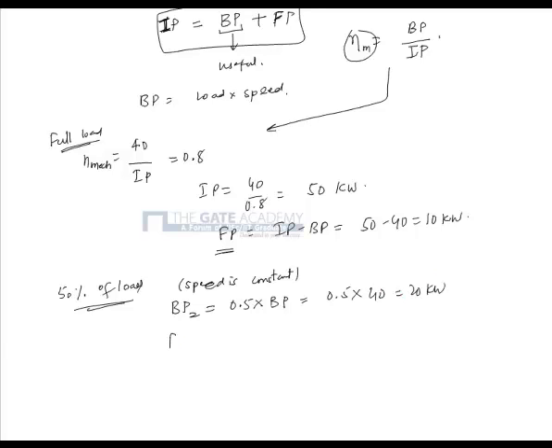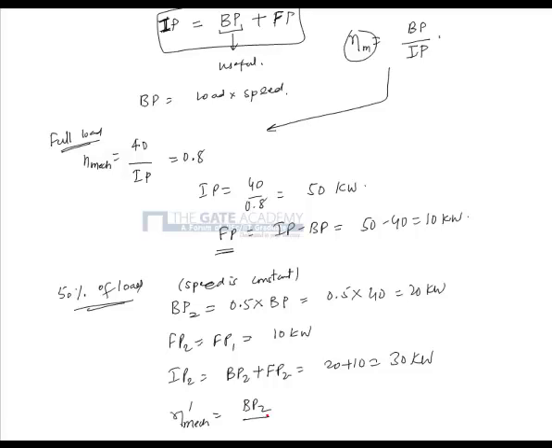Now my FP2 is nothing but FP1, because that's given in the problem, so that is 10 kilowatt, and so IP2, indicative power, will be BP2 plus FP2, so it will be 20 plus 10, which is 30 kilowatt.